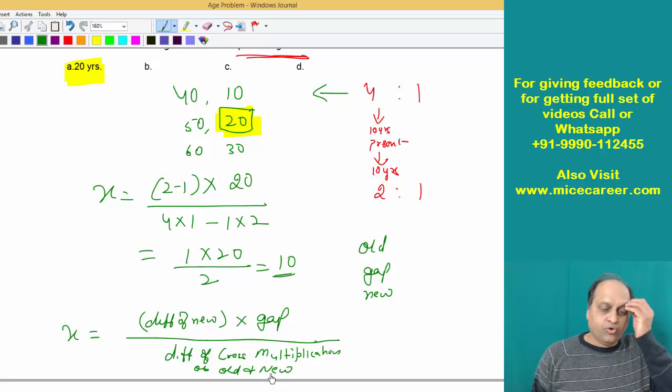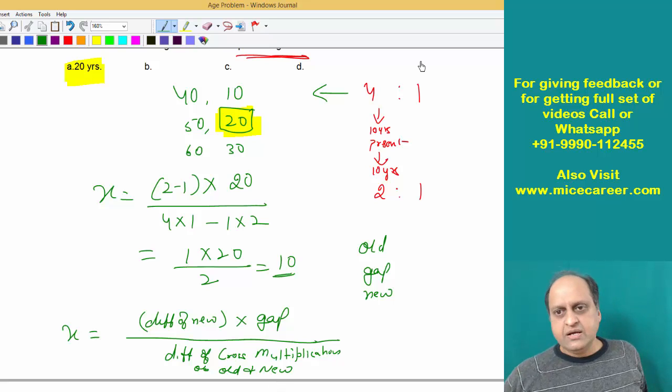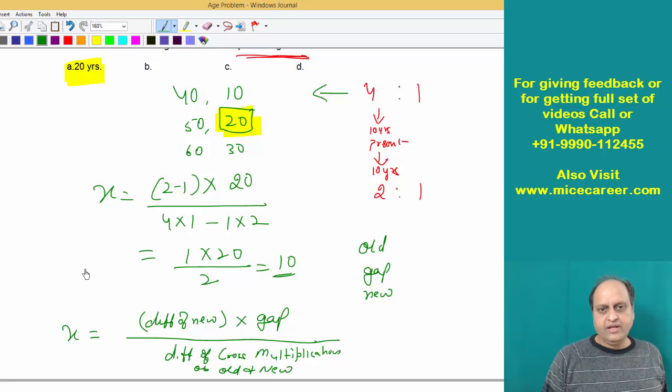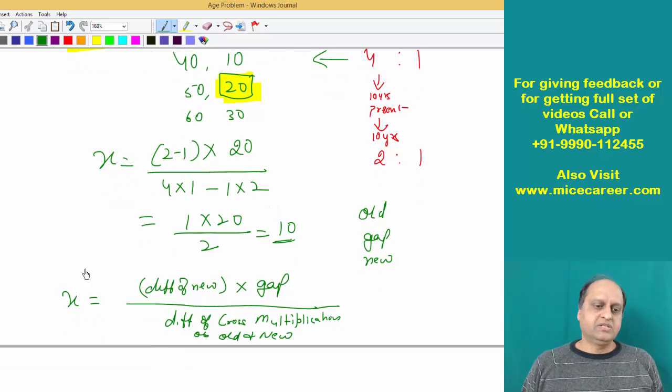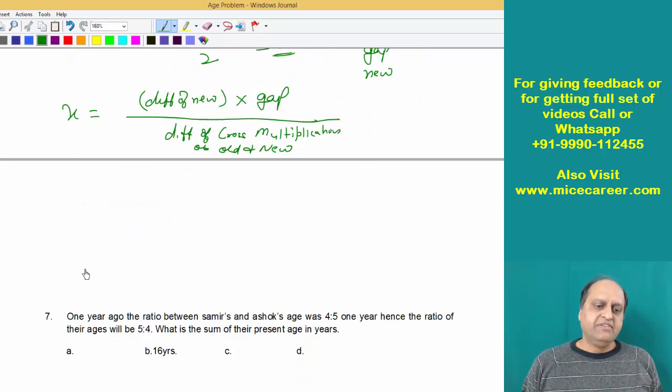This is the formula to find out x. Multiply old figures with x to get old ages. Thereafter add the difference to get new ages. I think the idea is very clear.